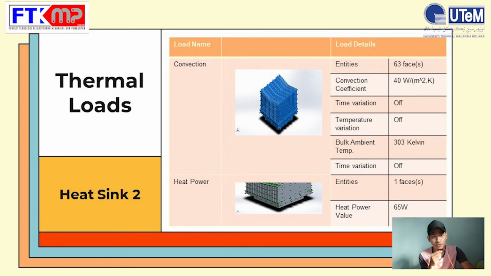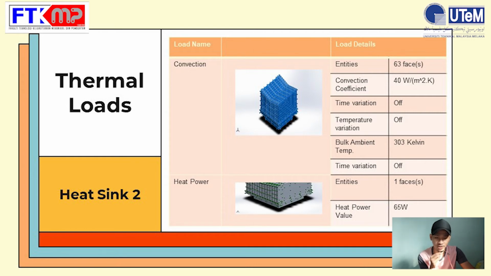Okay, next we go to the thermal load for heatsink 2. For the load named heat power 1, the entities we use is only one face. The heat power value we use is 65 watt. We apply this power value at the bottom surface of the heatsink. For the load named convection 1, the entities are 63 faces.